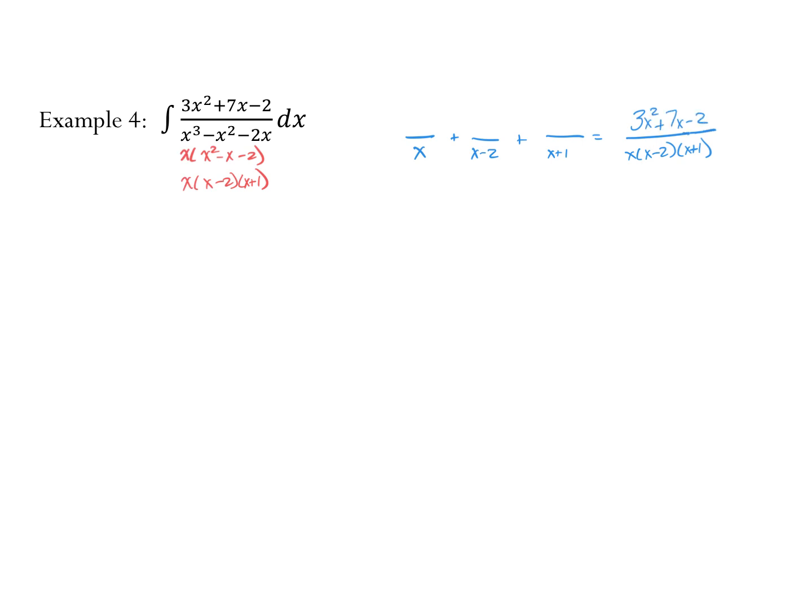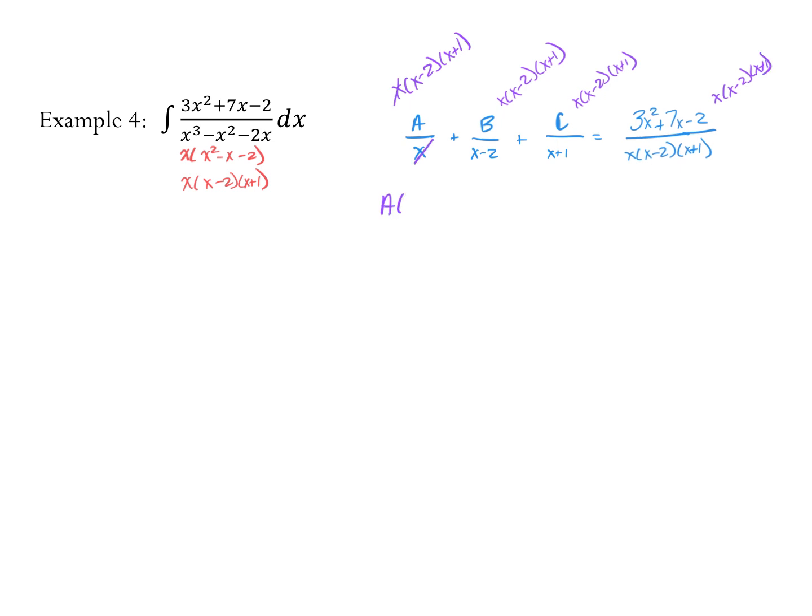All right, and I don't know what's on top of each of these. So if I multiply through by my common denominator, for that first fraction, the x would cancel.